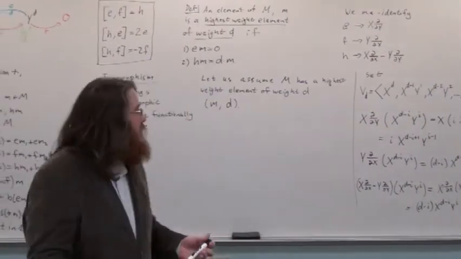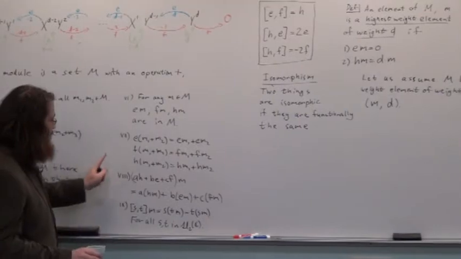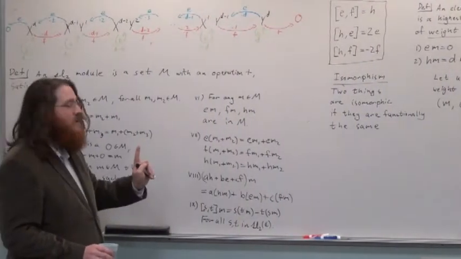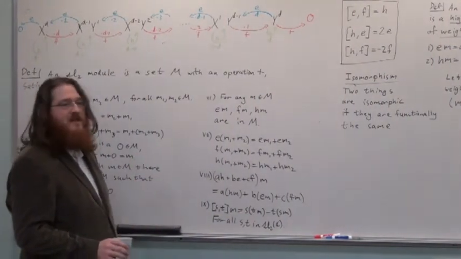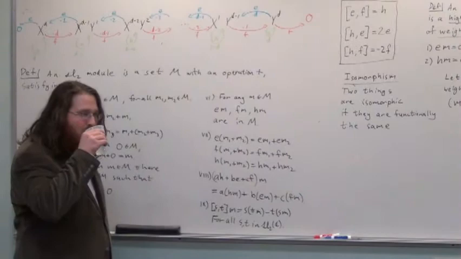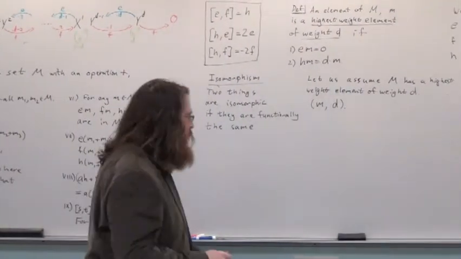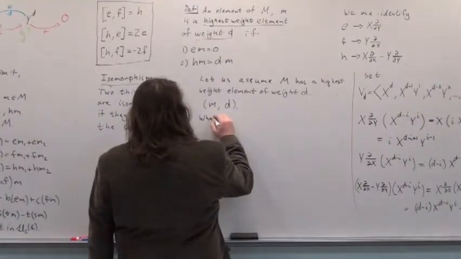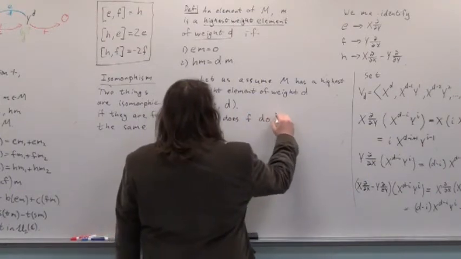And remarkably, just by having the bracket structure and the fact that we're looking at an SL2 module, so the bracket gets along with M, we can say something about that. What does F do?